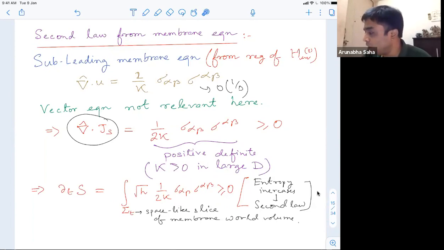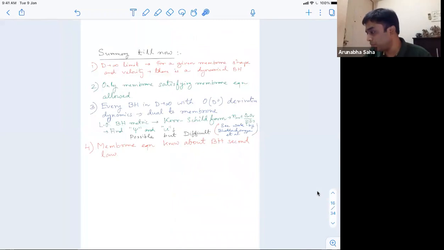Hence, the membrane equations lead to a second law, at least for Einstein gravity. So one may say that even though one didn't put in explicitly the input of second law, one obviously used the field equations of Einstein gravity, and one can arrive at the second law from the membrane equation. Now this I find promising.